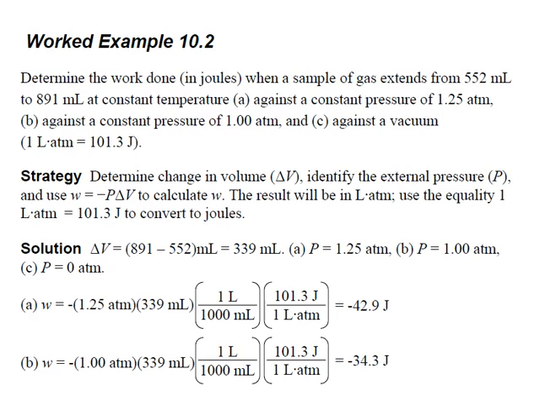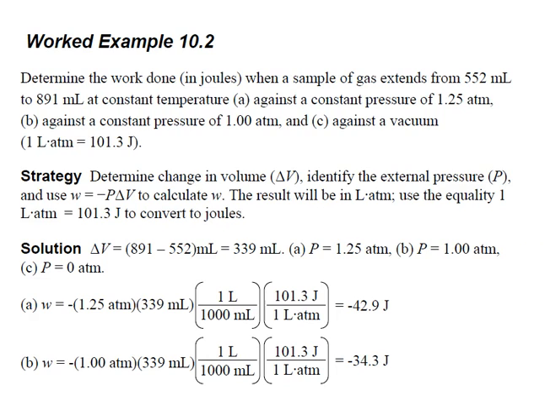If we look at these three parts, starting with our change in volume, this is down at the solution at the bottom, we're looking at our gas expansion. So we're going final minus initial, which is 891 minus 552. That comes out to 339. For part A, our pressure, it says against a constant pressure of 1.25 atmospheres.